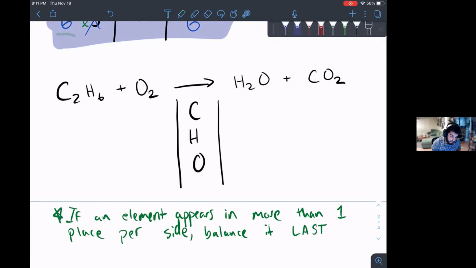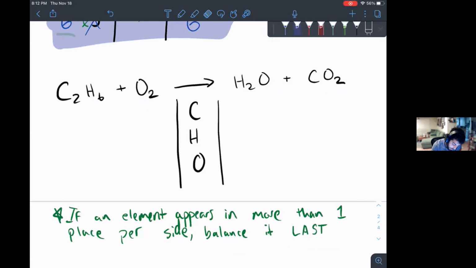So what I mean by that is I see carbon only in one place on the left and one place on the right. I see hydrogen one place on the left, one place on the right. I see oxygen one place on the left and 2 places on the right. And because it appeared more than once per side, I'm going to balance oxygen last. And we'll see why that is in just a minute.